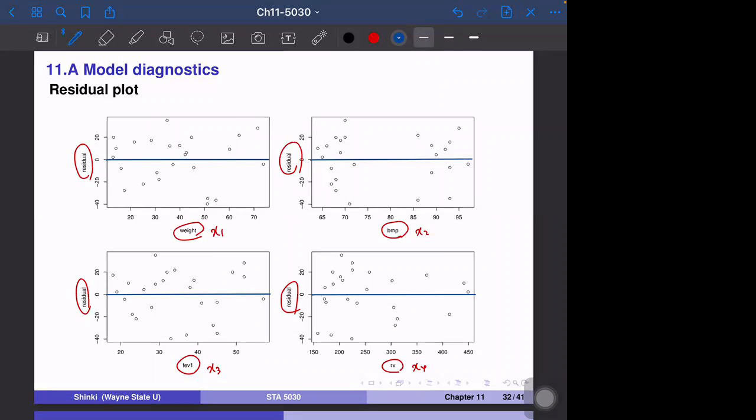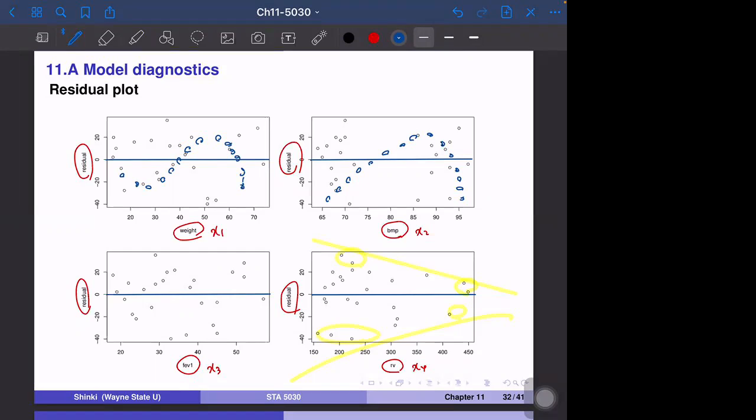Maybe possibly these errors are a little large in size compared to around here. So maybe we have some tendency like this, but we cannot really observe the pattern. The typical problem happens if the plot is like this or like this, time series.